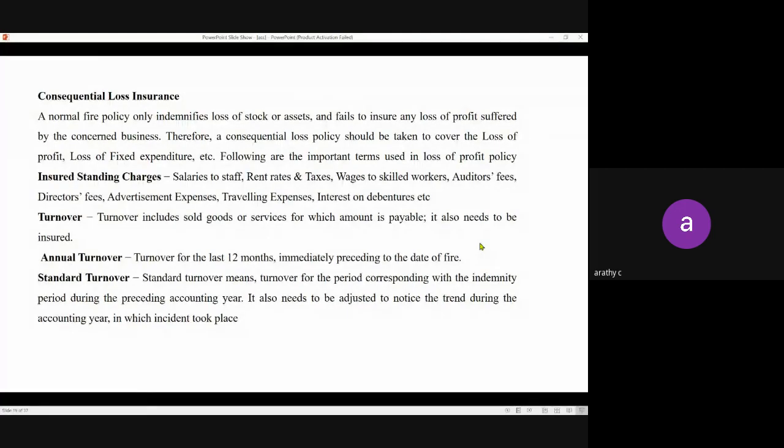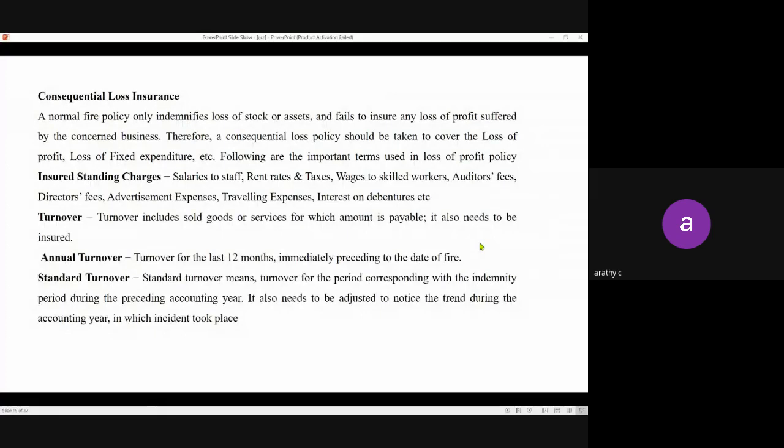So what is the standard turnover? That is the period corresponding with the indemnity period during the preceding accounting year. The fire occurred in 2017, so the preceding accounting year is 2016. The same time period of the preceding year, that is 2016. So the standard turnover is the period from 1st May 2016 to 1st August 2016.